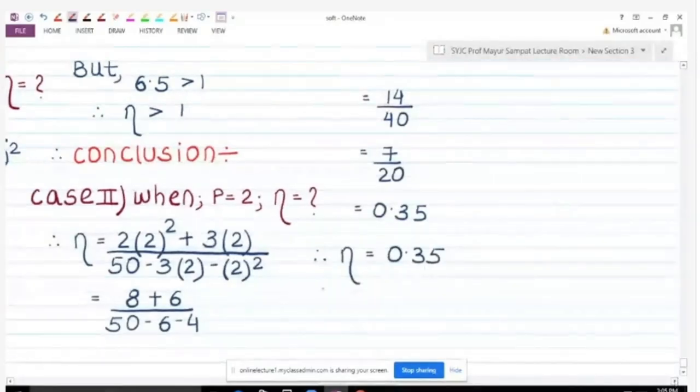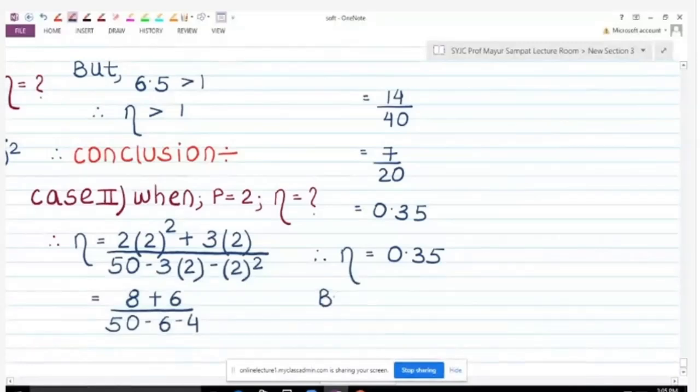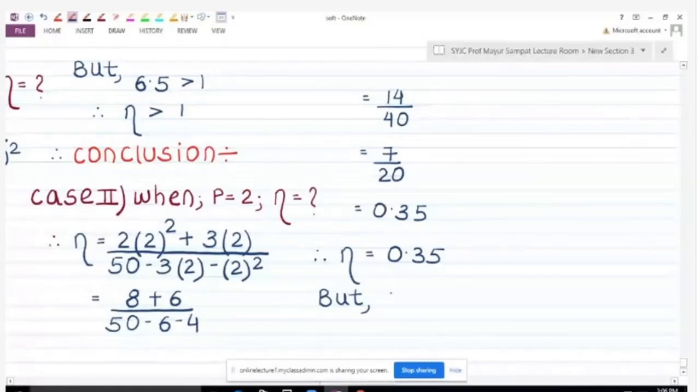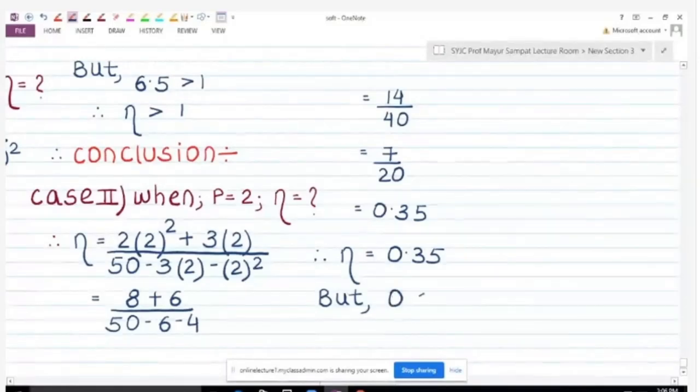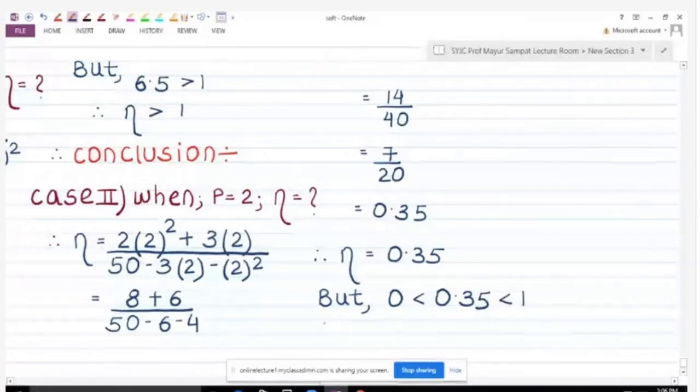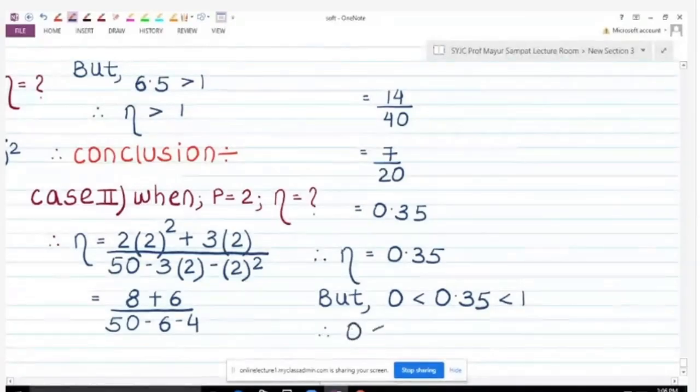But 0.35 lies between 0 and 1. So 0 is less than eta, eta is less than 1.